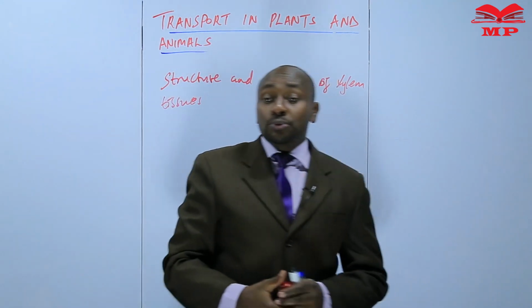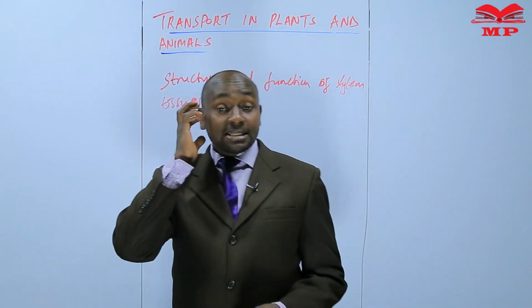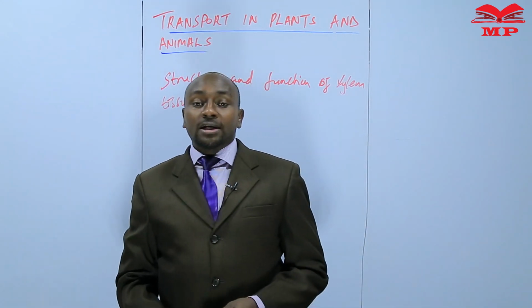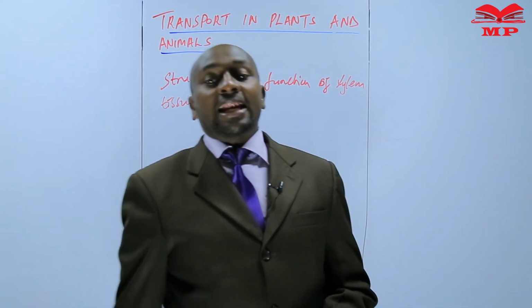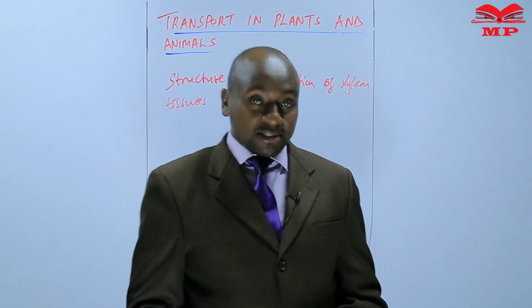So xylem tissue is made of two types of cells, or two groups of cells. The first one is called xylem vessels, and the second is called tracheids.